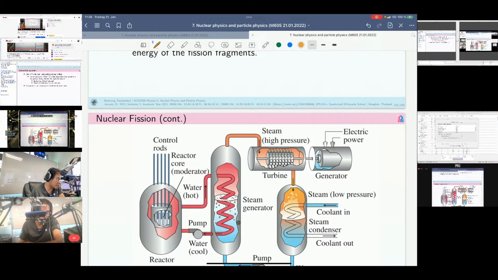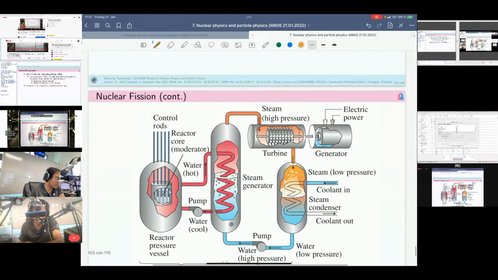We use a pump here to let the water flow. This is the second part of the water. They don't touch each other. They are not mixed. And this is the pure water.